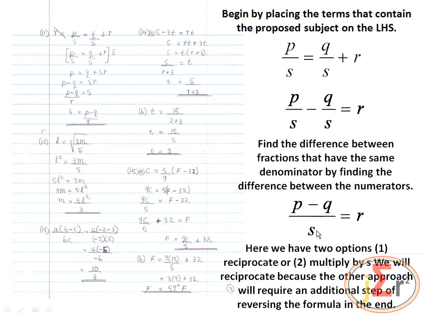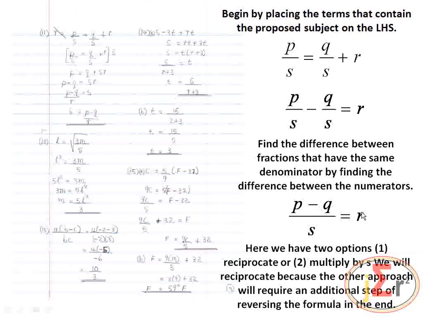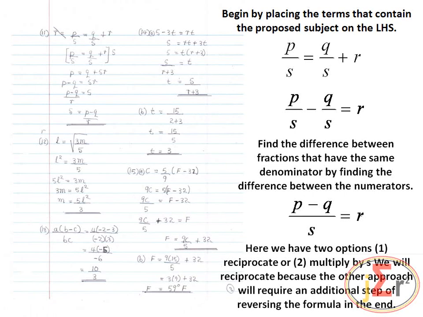We have one fraction here and we have another. Well, this does not appear to be a fraction, but we know that it is, because this is a fraction that is equal to r over 1. So we may find the reciprocal of both of them. That is one choice that we have.